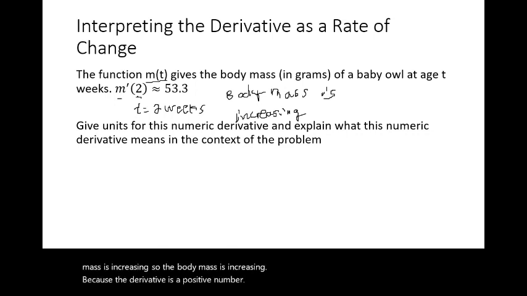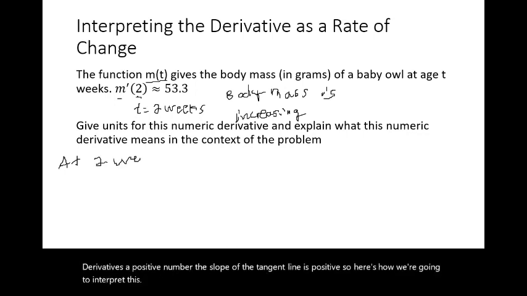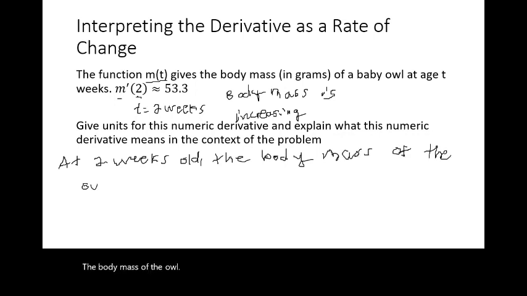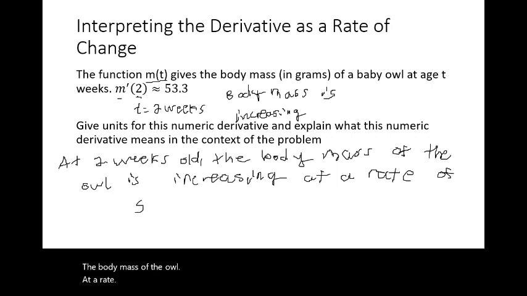So here's how we're going to interpret this. At 2 weeks old, the body mass of the owl is increasing at a rate of 53.3.